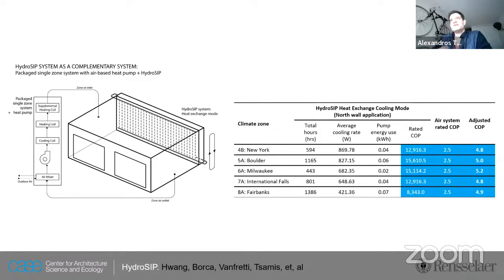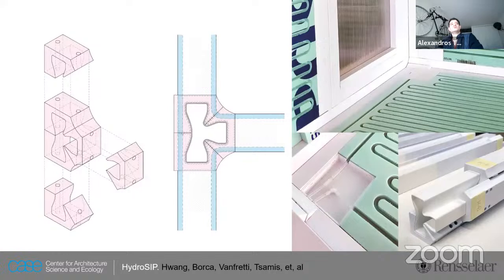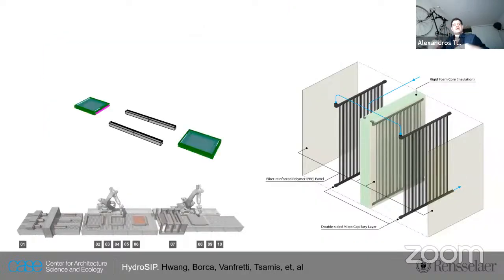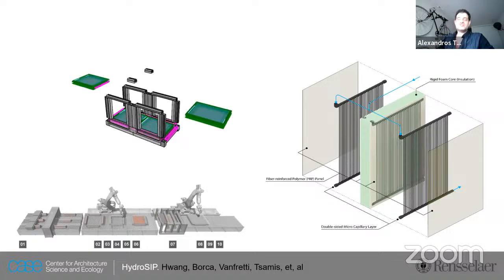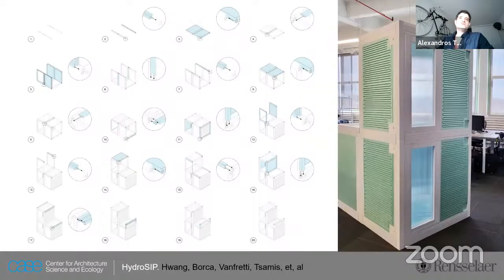We are trying to do this as a real project to be implemented. So we are also thinking about it as a construction system, and we're thinking about the way it would become a modular system that would be able to be deployed as a replacement of the traditional SIP technology. We are focusing very much on understanding how a joint could allow you to slide in and out different panels and, with minimal intervention, create the plumbing necessary to achieve the results.